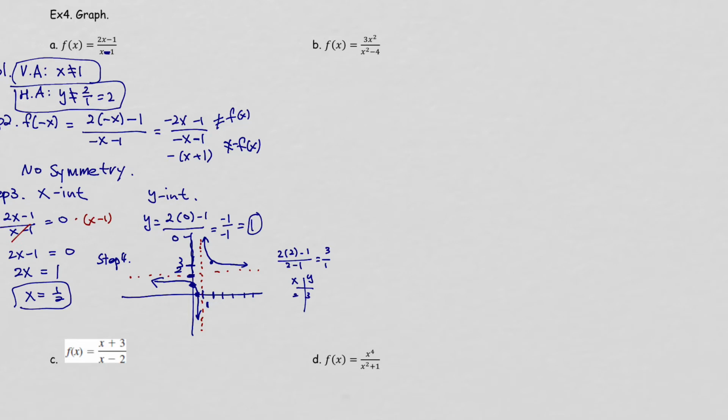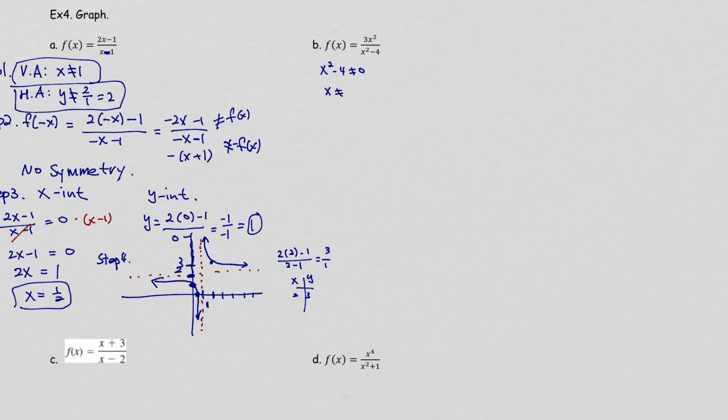Let's try another one, B. So what do we do as the first step? Finding all the asymptotes, right? Restrictions. So x squared minus 4 cannot equal 0, which gives you x squared cannot equal positive 4 on the other side.